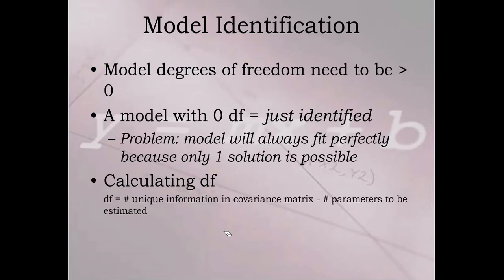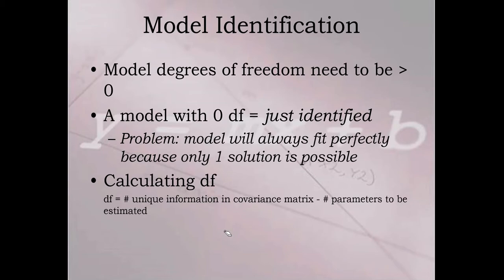Okay, so model identification. We've spent a lot of time the last time talking about specification, so now we're going to move into the other steps of running a path analysis. I said to you that the model needs to have degrees of freedom that are greater than 0. If you have degrees of freedom that are equal to 0, that's what we call a just identified model.